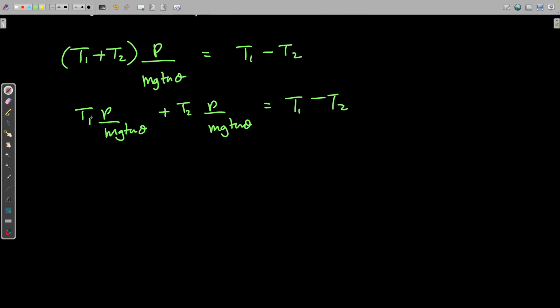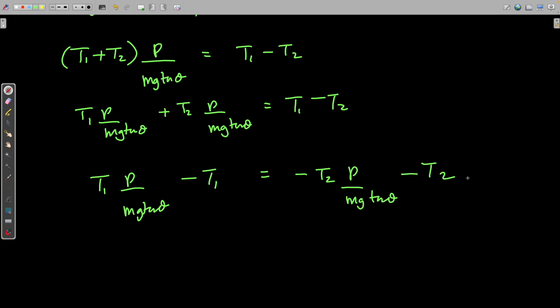Let me just continue. So then we want to get T1s onto one side, T2s on the other. So we do T1 P over mg tan theta minus T1 equals minus T2 P over mg tan theta minus T2, like so.